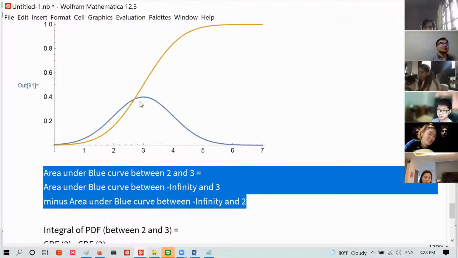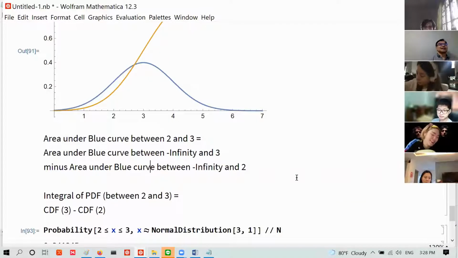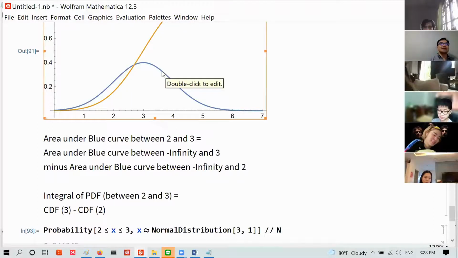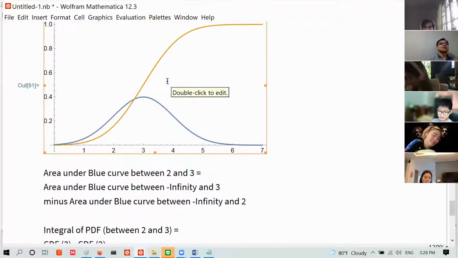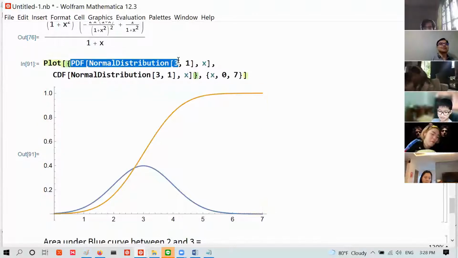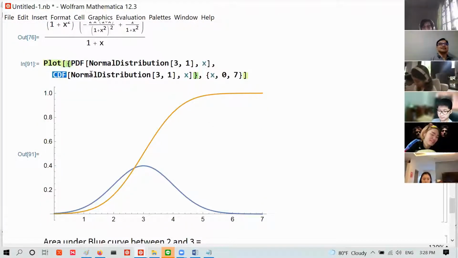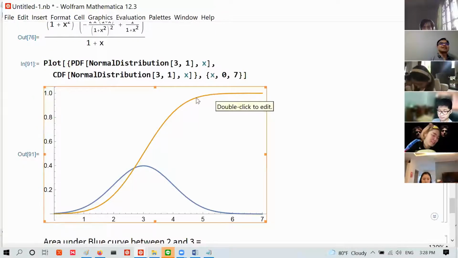So this area here is equal to this height. That is true of any probability distribution function. Now, because I drew this blue curve using a mathematical function, I also know that the integral of PDF is CDF. So the yellow one is also a mathematical function.